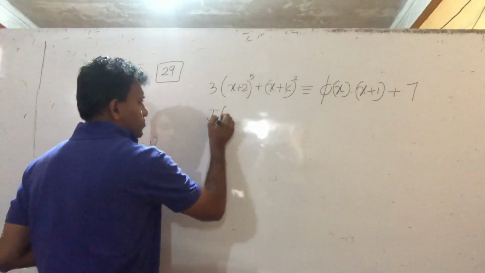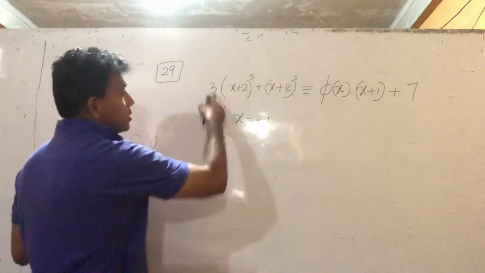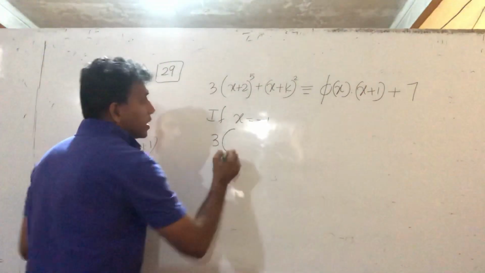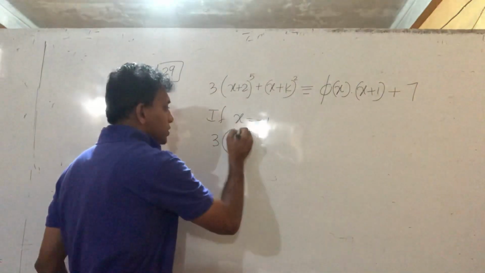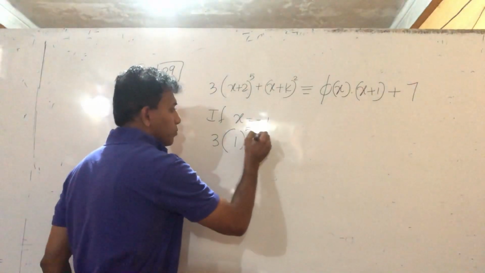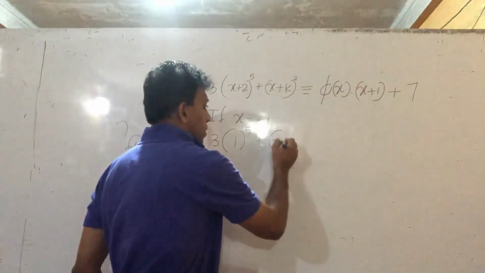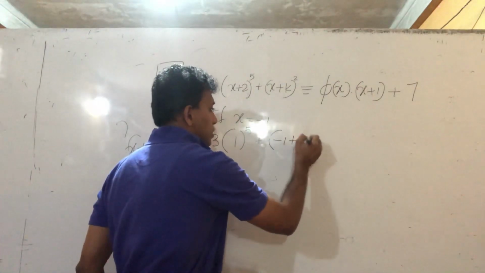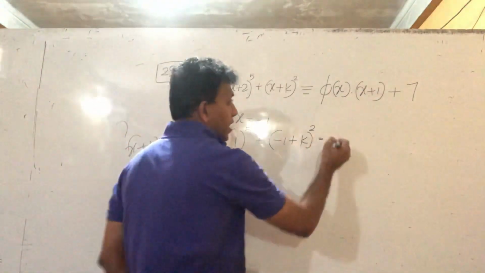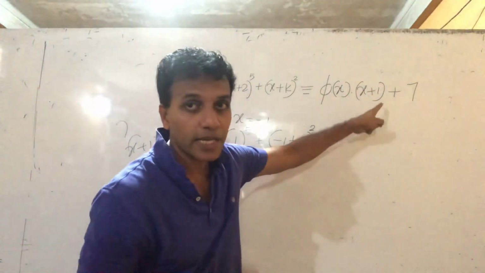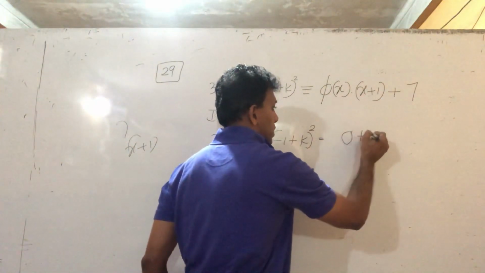If x equals minus 1, here 3, then minus 1 plus 2 is 1 to the power 5, and here x plus k, with x equal to minus 1, squared. Everything else becomes 0, plus 7.